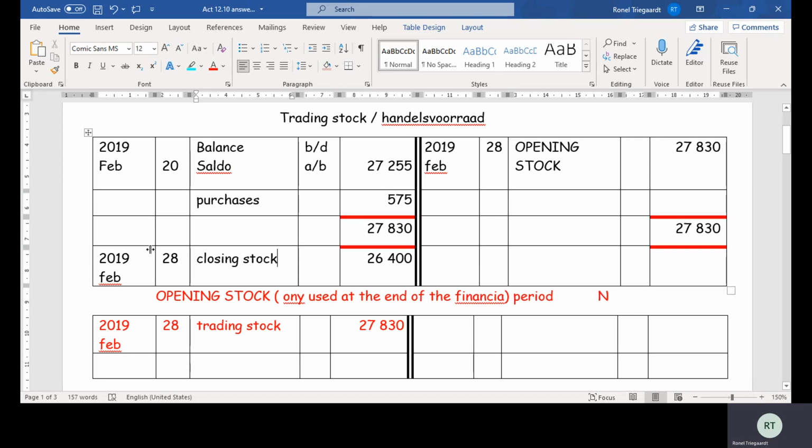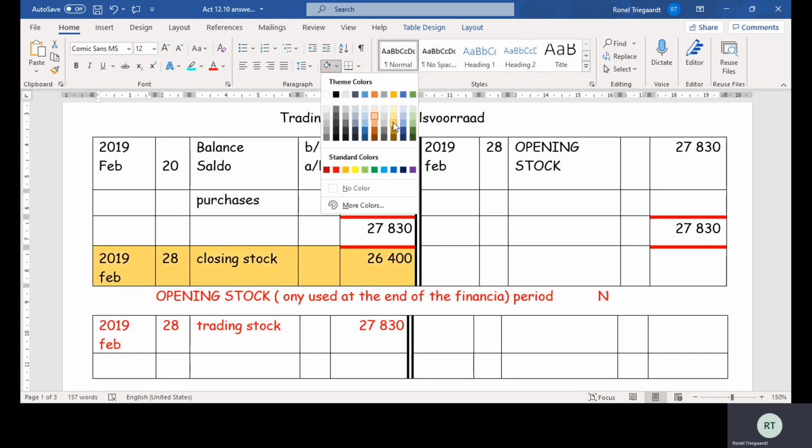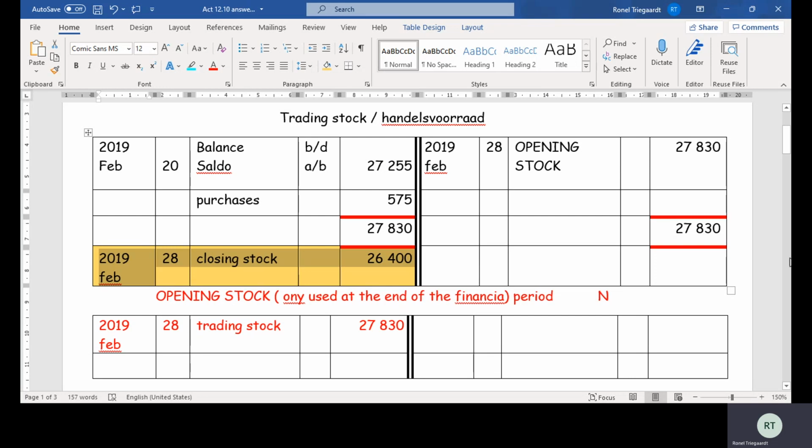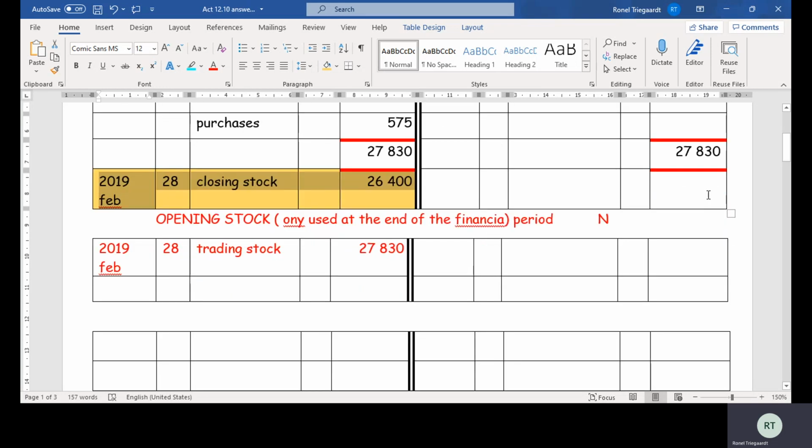But if you have a debit entry somewhere along the line, you must have a credit one, which means there's another new account called closing stock. Let me just write in red here.